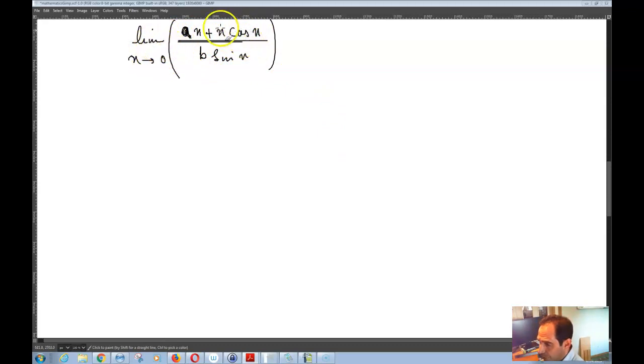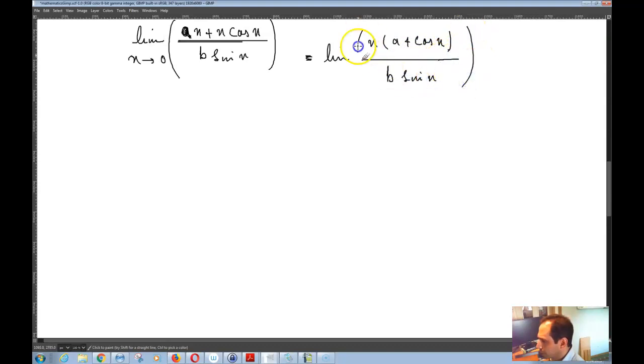If you evaluate this expression at x equal to 0, I can, for example, write this limit as the limit of x times a plus cos x over b times sin x as x tends to 0.